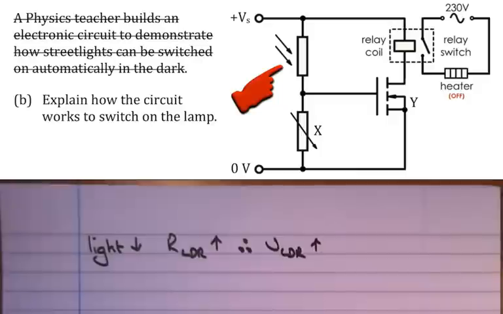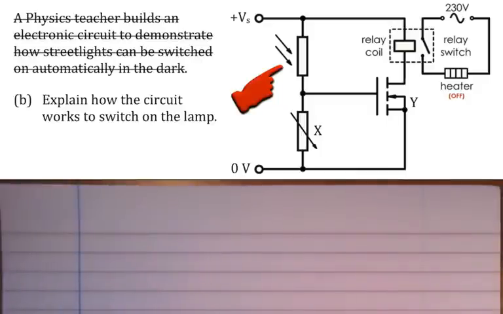Now I'm going to get rid of what I've written down, and where you would start, you would say that when it becomes light, the resistance of the LDR decreases, therefore the voltage across the LDR decreases. Now we can talk about this part of the circuit, the part we're really interested in. If the voltage across the LDR decreases, the voltage across the variable resistor increases.